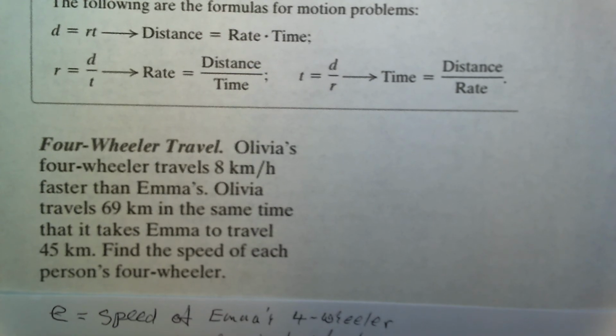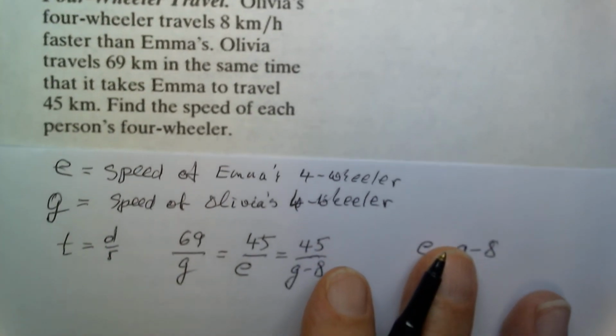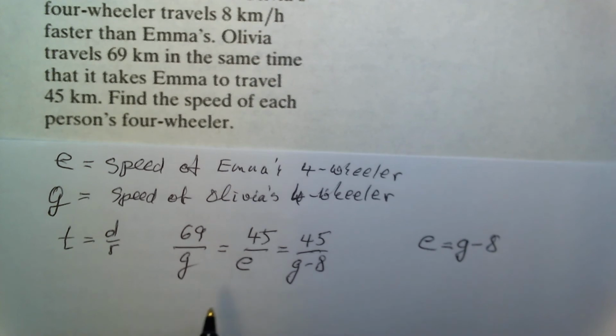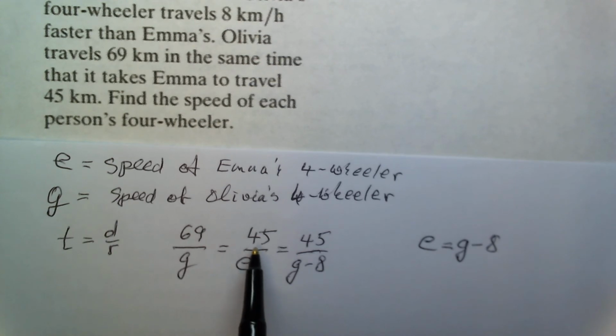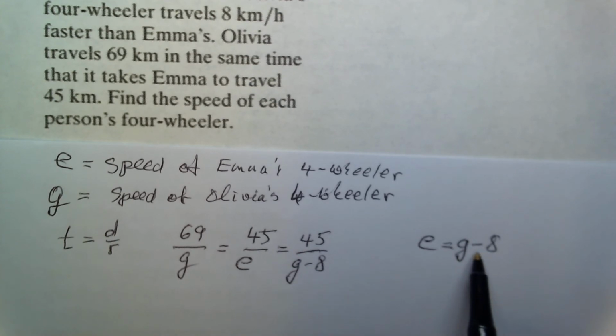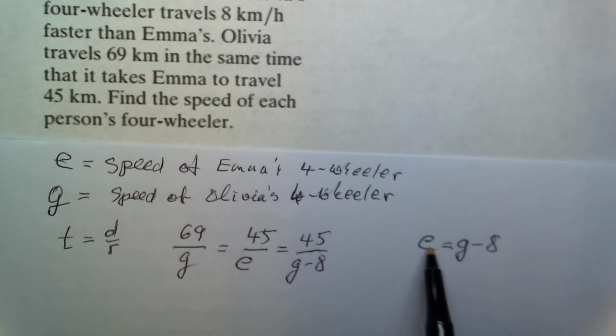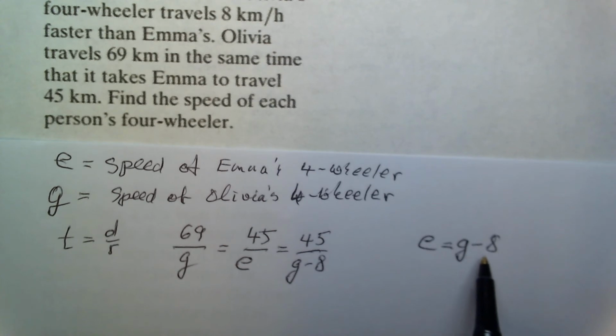So in other words, we have the proportion, 69 kilometers divided by the speed of Olivia's four-wheeler is equal to 45 kilometers divided by Emma's four-wheeler. And since Emma's four-wheeler is 8 kilometers an hour slower than Olivia's, E equals G minus 8.